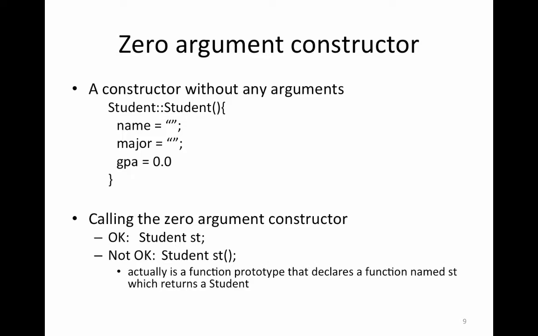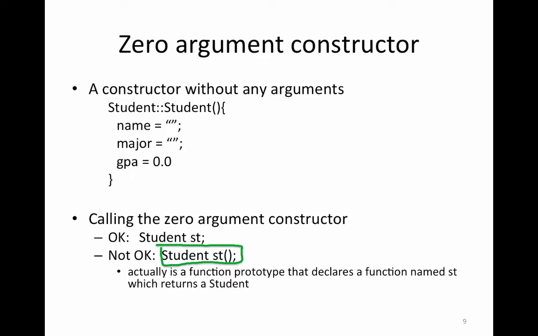There is a reason behind C++'s inconsistency, and it goes back to the fact that the compiler is pretty dumb. Okay? If it sees this particular kind of declaration, this declaration matches something that you have already seen earlier in this course. It's a function prototype.